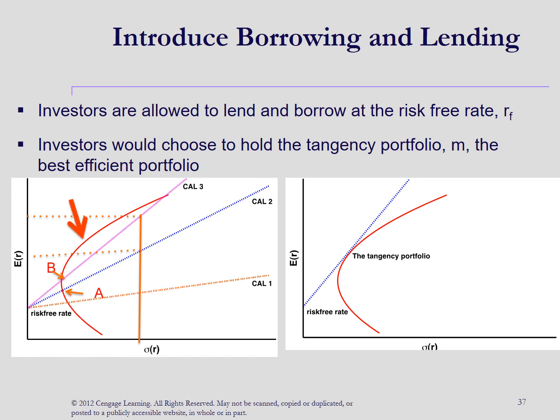They will stop searching when they reach the tangency portfolio. Once they reach the tangency portfolio, there are no other feasible efficient portfolios for them to consider.